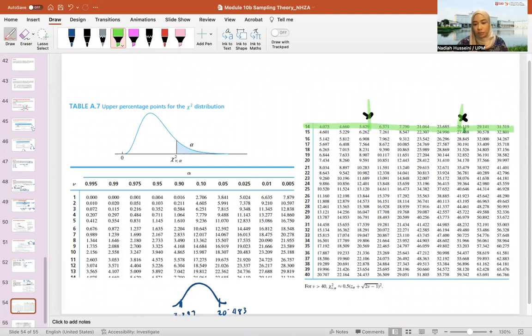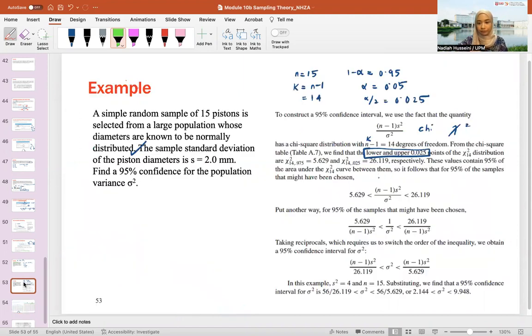That gives me 26.119 on one side and 5.629 on the other side. So let's go back to the solution. These are the values that we got from the table. We're not done yet. These are the values that follow the chi-square distribution. We can't say hooray yet.